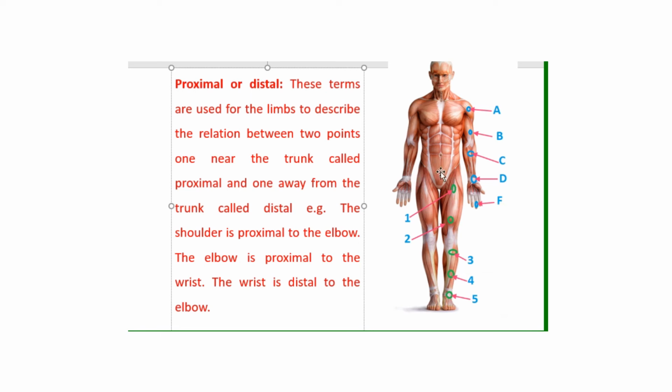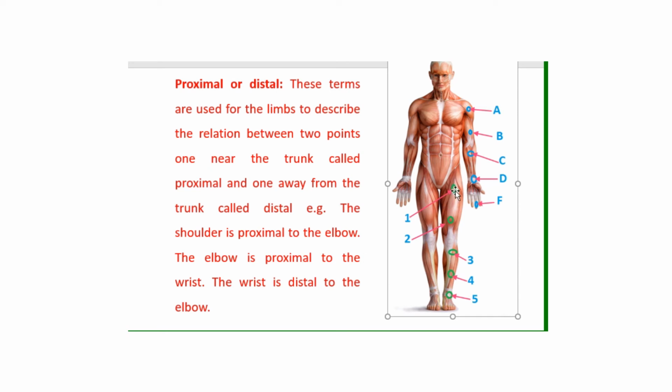Hence, the nearer the point to the attachment of the limb to the trunk, this point is called proximal in relation to a point away from the attachment of the limb to the trunk. Also, applying this rule on the lower limb, this is the point of attachment of the limb to the trunk.